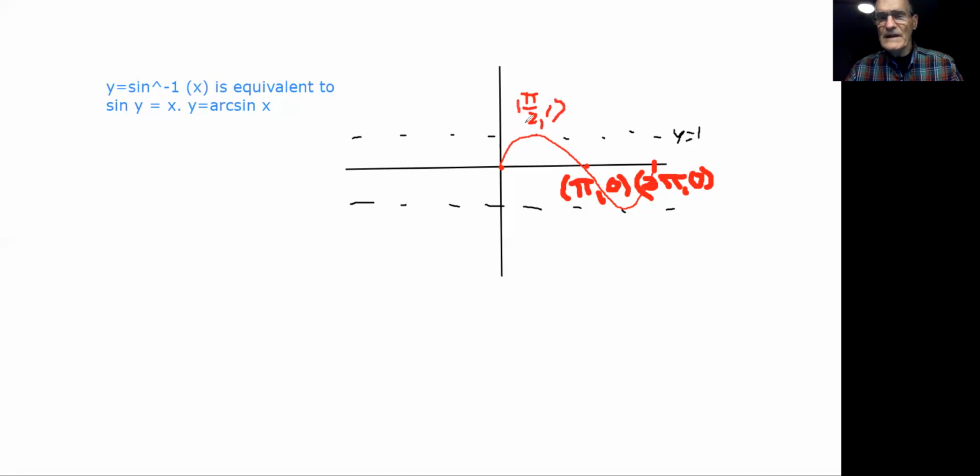The point on the inverse would be 1 and pi over 2. So that point's going to be somewhere about right here. If we draw the inverse in a different color, we can put in a point right here, which is 1 and pi over 2.